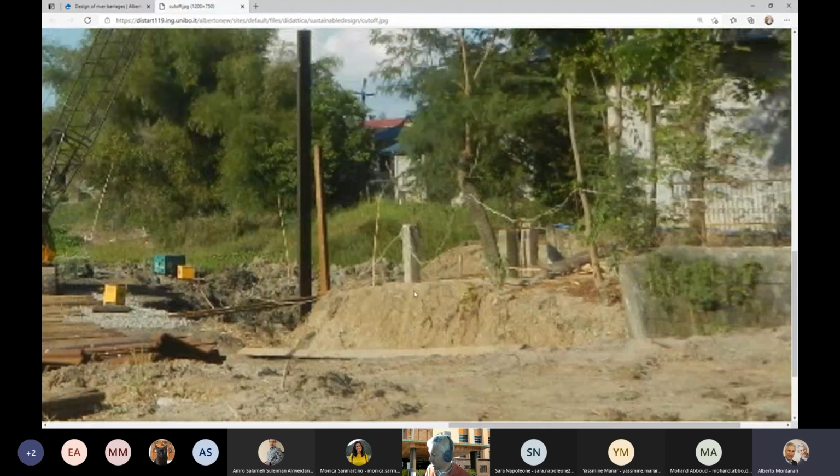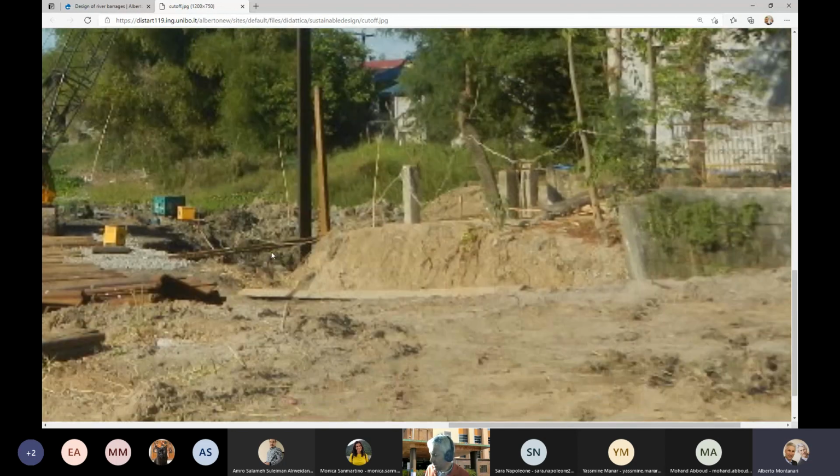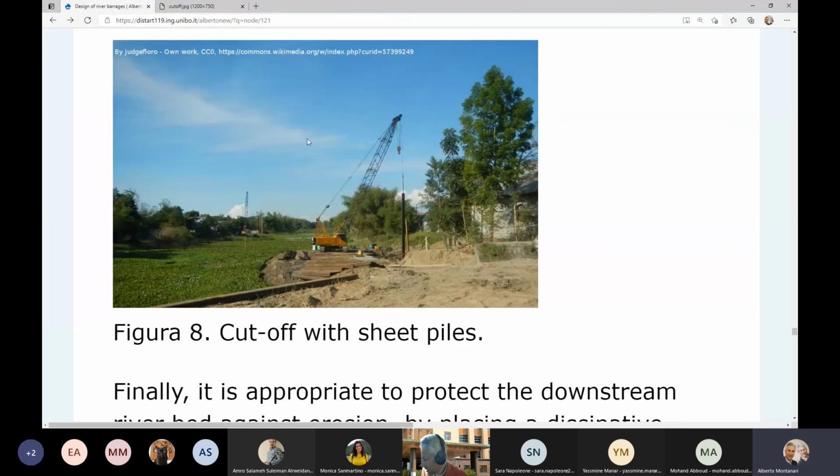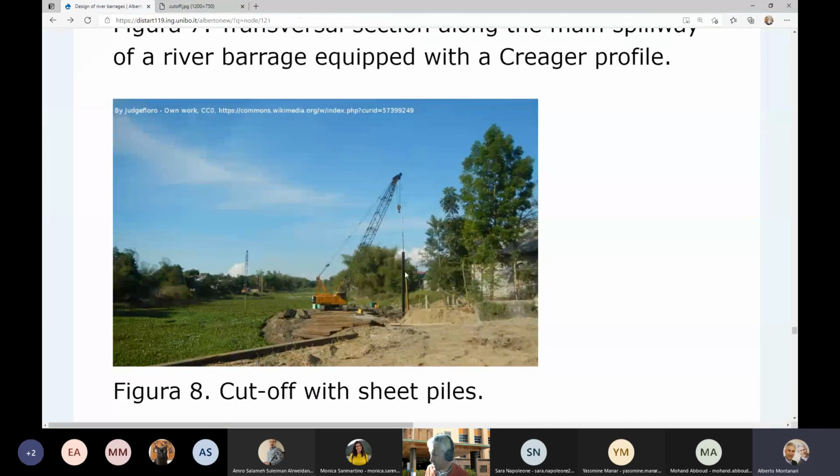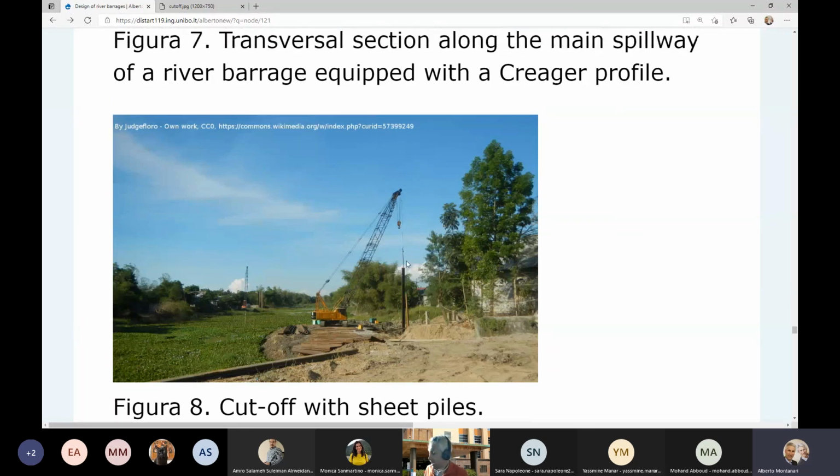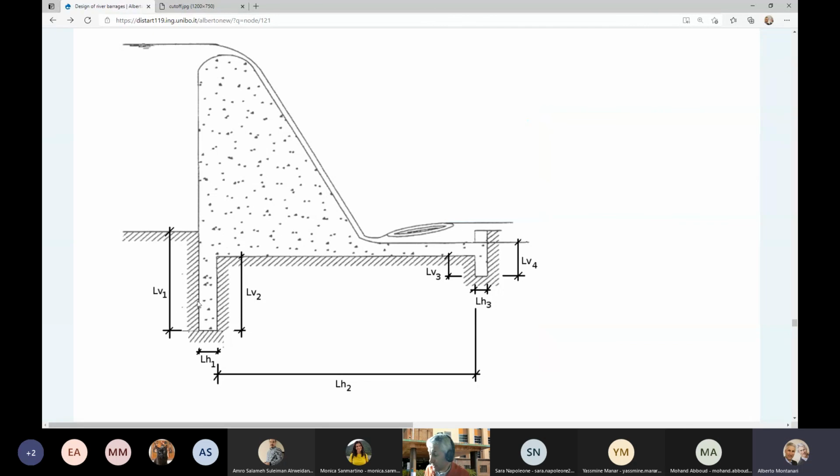I can guess the presence of a levee here in the middle of the picture, and this is an example of a cutoff, with the sheet piles. These iron piles are called sheet piles, and so if we increase the depth of the cutoffs, these teeth, of course, we increase the length of the vertical part of the water path, which is the more effective to limit the effect of piping.